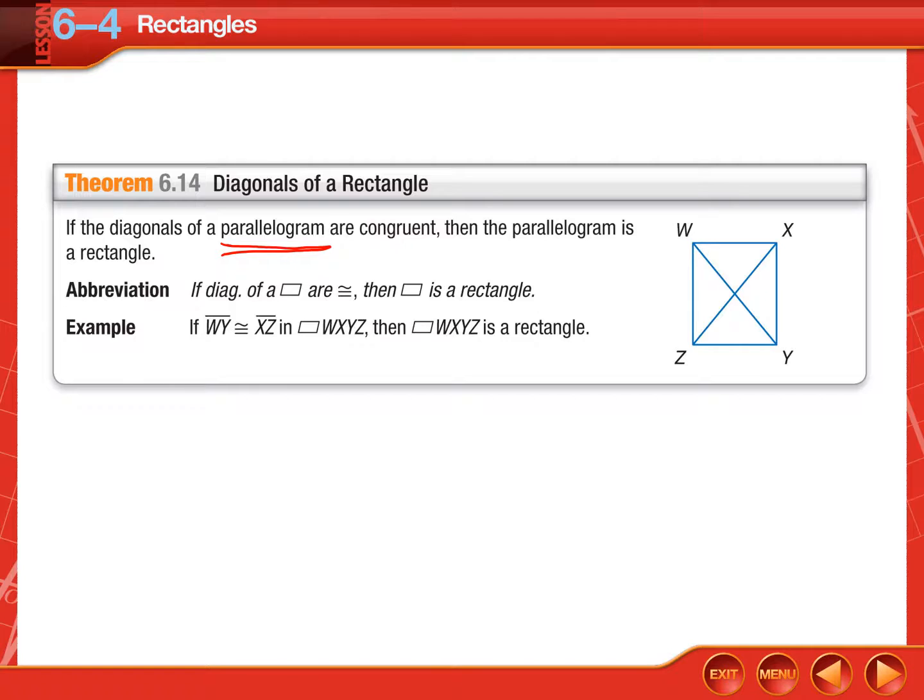So if it doesn't say it's a parallelogram, it just says quadrilateral, the first step is going to be proving that it's a parallelogram. Okay, so you can't forget that step. This is kind of like the converse of the first one. Here we're saying, if you've got a parallelogram and the diagonals are congruent, then this parallelogram must be a rectangle.